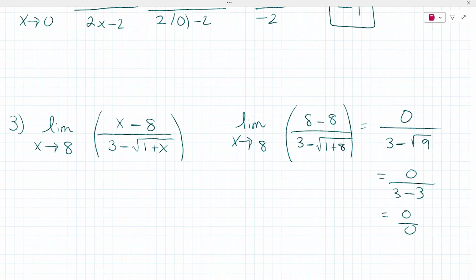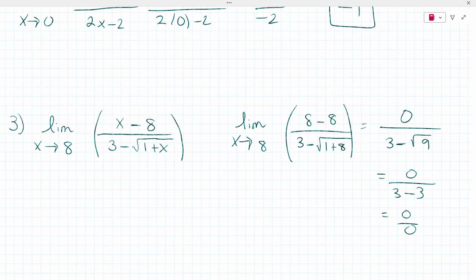What could you do? Several things you could do. You could try L'Hopital's rule, but I see it's irrational, and there's a square root. The minute I see a square root in a rational function, I automatically assume you can do the conjugate. So that's what I'm going to do.